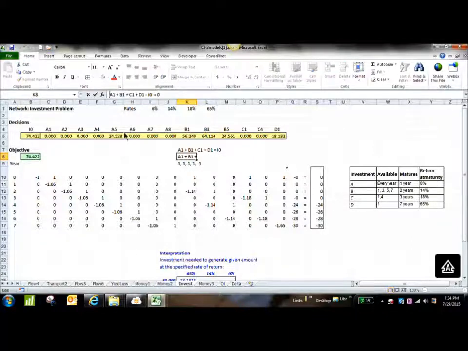It's like we have 1 times A1, plus 1 times B1, plus 1 times C1, plus 1 times D1, minus 1 times I0 equal to 0. That is exactly what you see here. So at year 0, for the initial investment, we have minus 1. For the rest of them, A1 is going to be 1. Skip everything, B1, C1, D1, and then 0. Does that make sense?